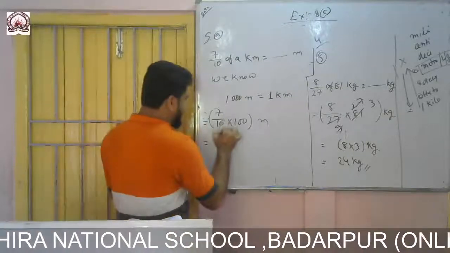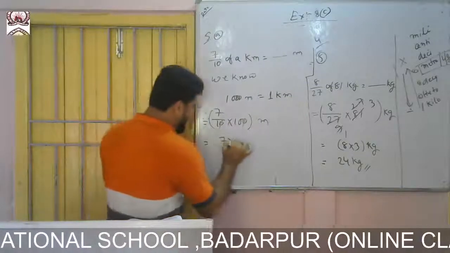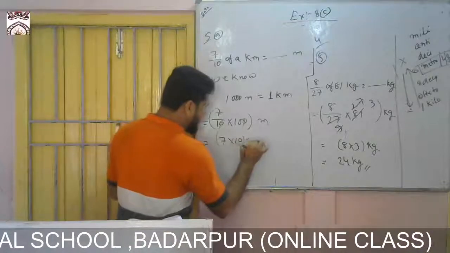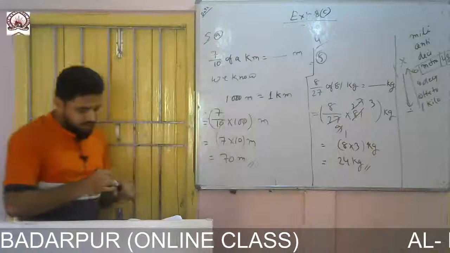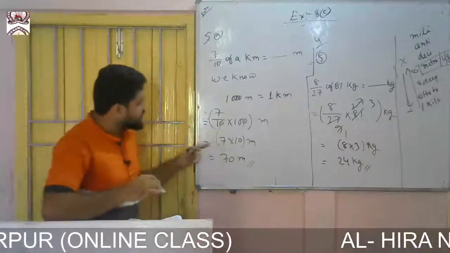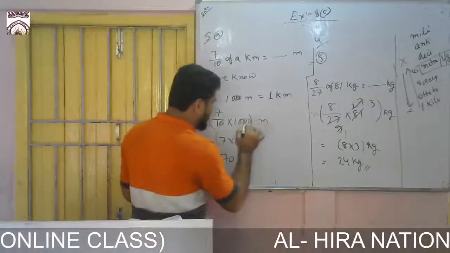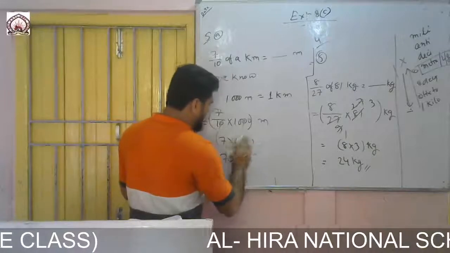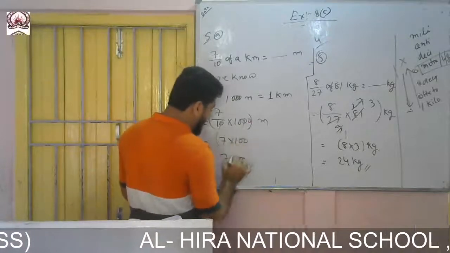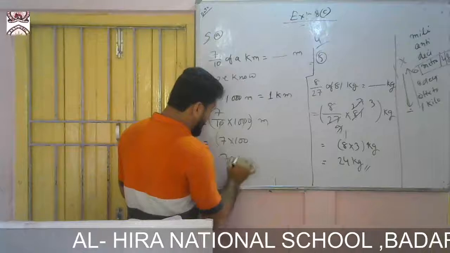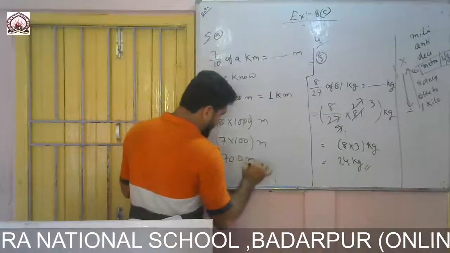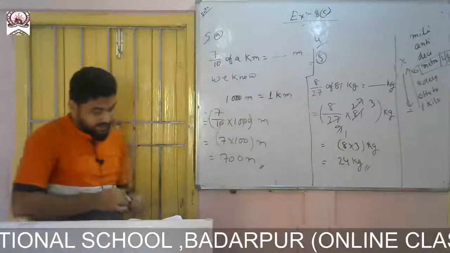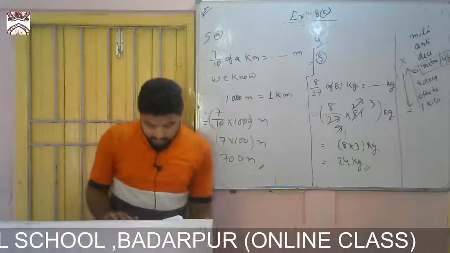Okay, 10 10 cancel, remain 7 into 10 meter, it is 70 meter. Sorry, 100 remain here, you correct it. It will be 700 meter. Okay, 700 meter.